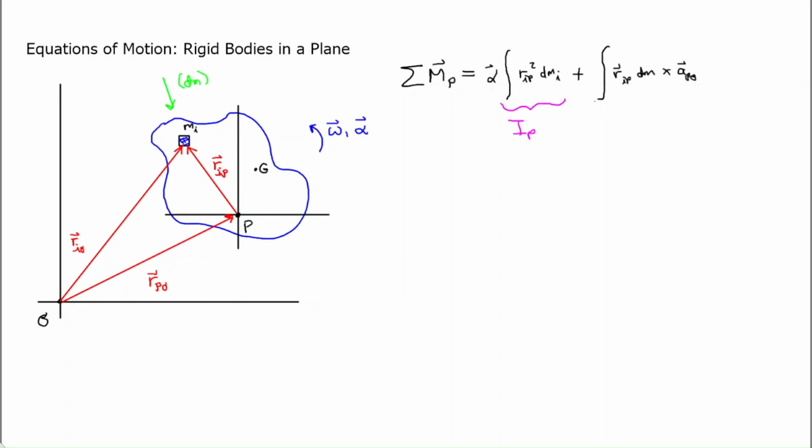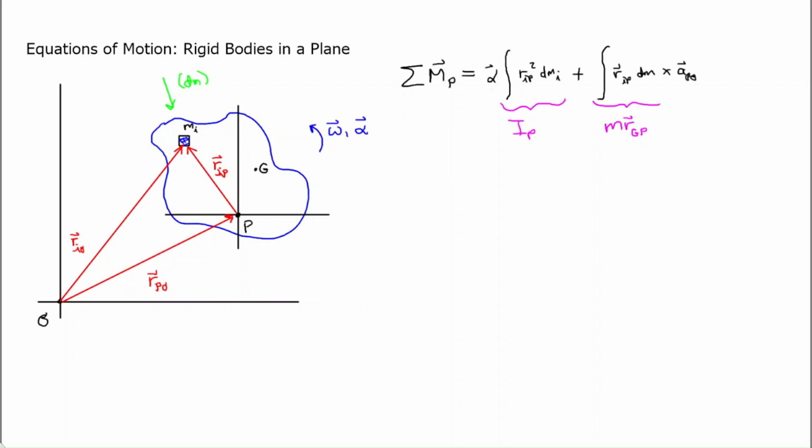Now the integral on the right takes a little bit more thinking. This is actually the total mass of the object times the coordinate of the centroid G measured relative to P. If there's any doubt about that, just write down r sub ip in terms of an x component and a y component.